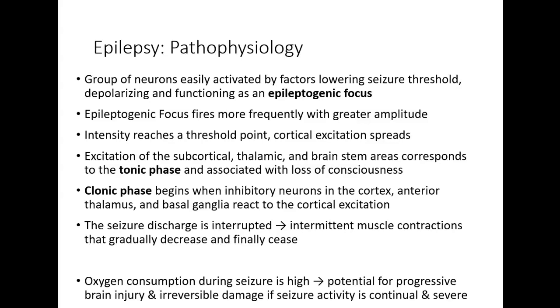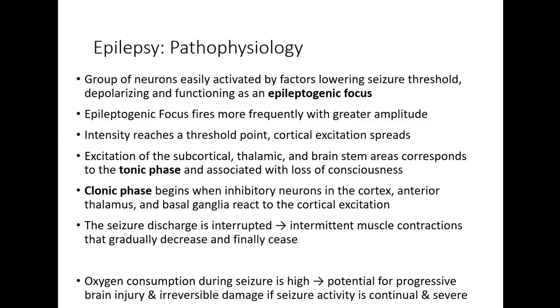So the seizure discharge is interrupted, though. The electrical impulse is interrupted, which can cause intermittent muscle contractions. So that's why you'll see someone begin to have a seizure, begin to shake, maybe arms are moving, doing some kind of often rhythmic movement, and then you'll see them begin to slow down. That movement will begin to slow in frequency and then will eventually stop.